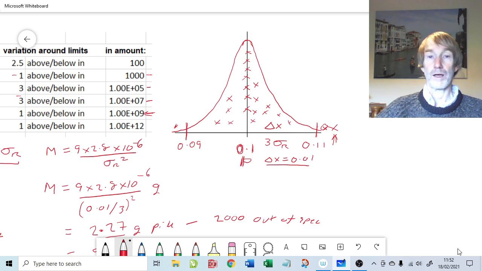So down here it's bad news, because we won't be providing sufficient active ingredient to do the job that's required. But at the top end, that's really bad news, because we could be overdosing.